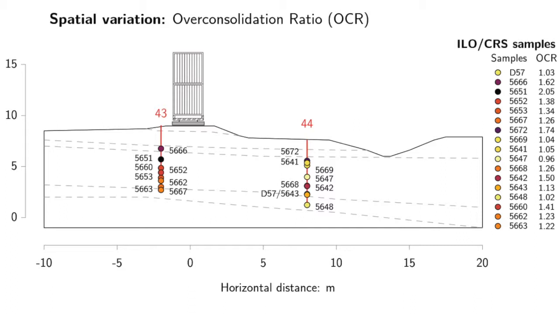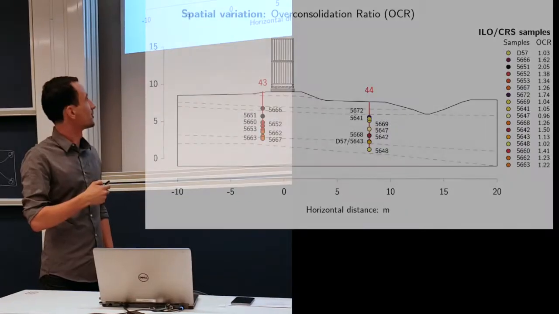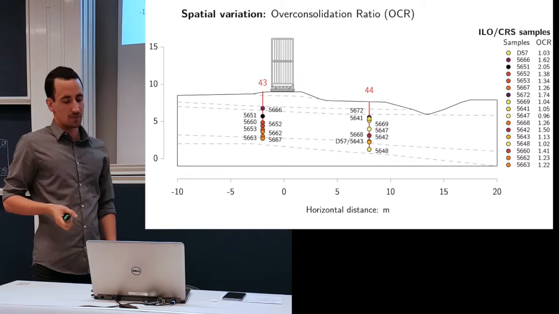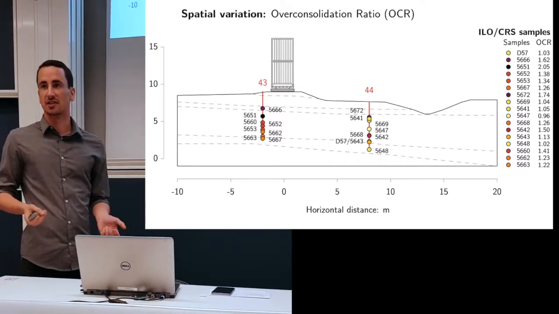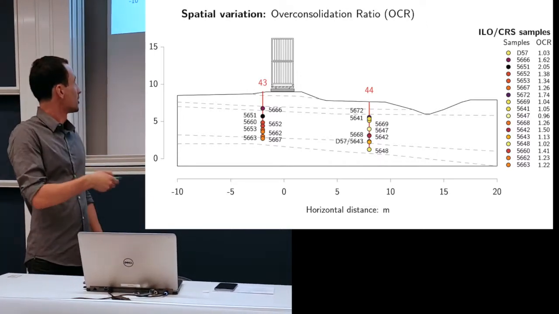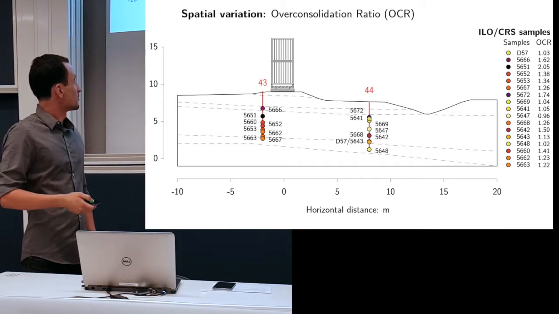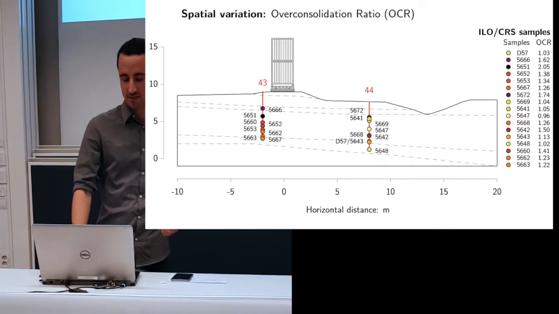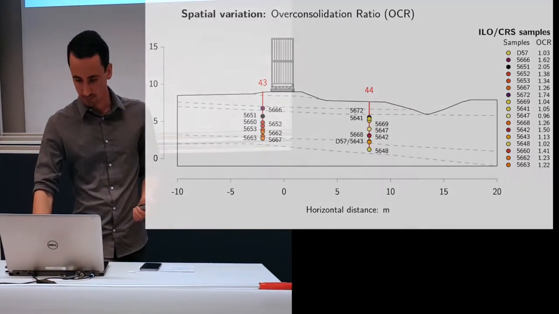That means that they are lower values. But you also have a dot here which is a little bit higher. So there's some variation in the data. If you would take all these values, it's hard to find one characteristic value from all of them. So maybe we should do something else.